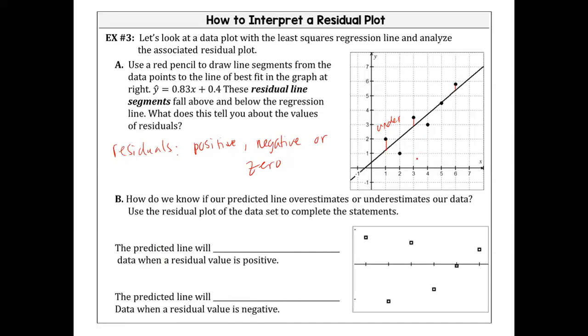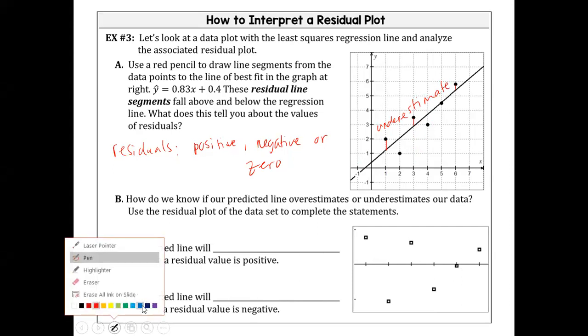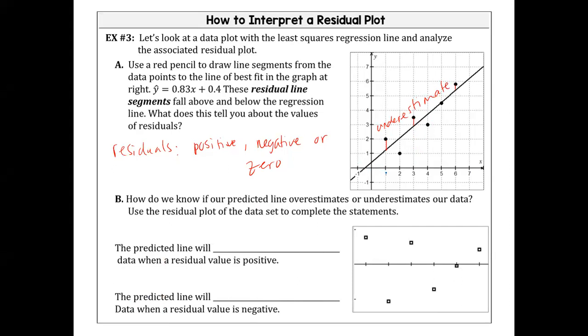So again, residuals that lie over the regression line will underestimate. Underestimate. I think I spelled that right. Okay. And then when you look here, residuals that lie under that little guy, they're going to be overestimates.